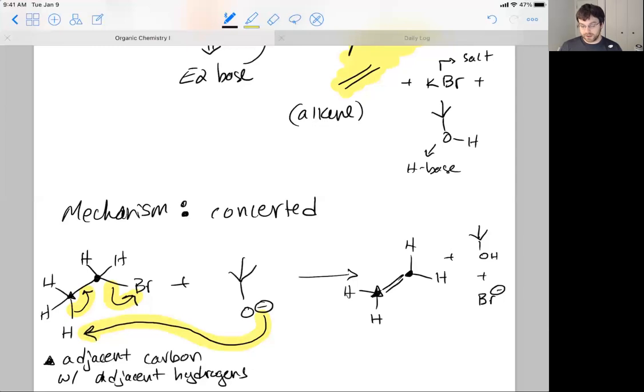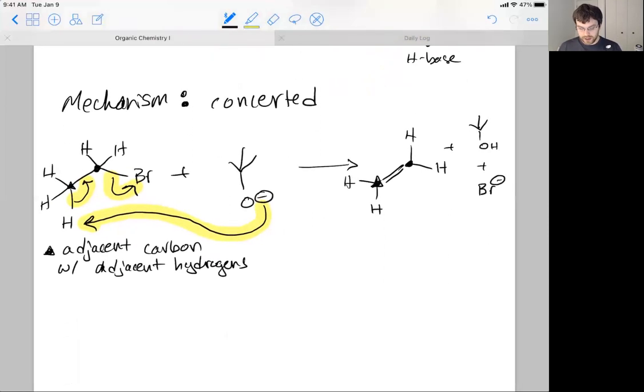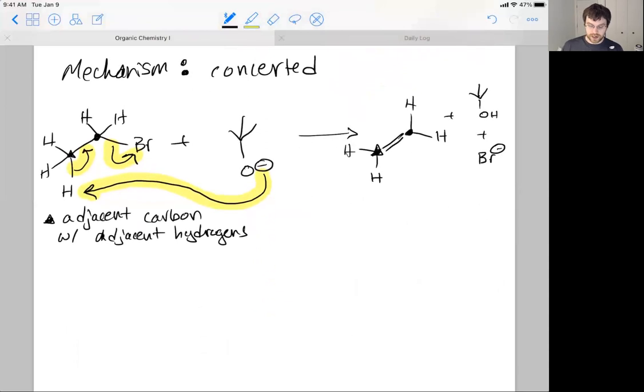So we've balanced charge, we've balanced atoms, and we've shown how this reaction works. What's really nice about the reaction is once you get the hang of the mechanism, it's fairly easy to predict what the products are going to be. You look for the carbon atom with the halogen, and then you find the adjacent hydrogens.